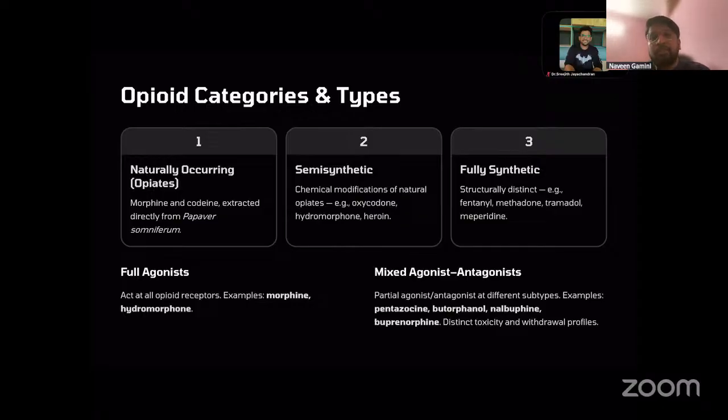So the examples of the full agonists are morphine and hydromorphone, whereas others all fit into the category of mixed agonists and antagonists. So this is the category where there will be partial agonists and different types of withdrawal profiles.